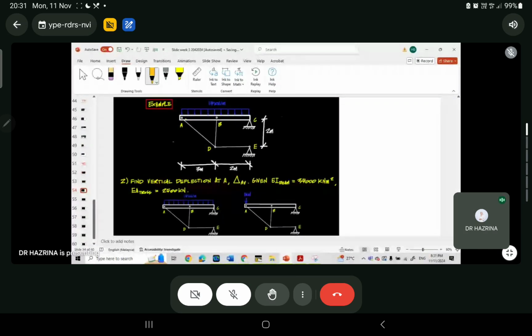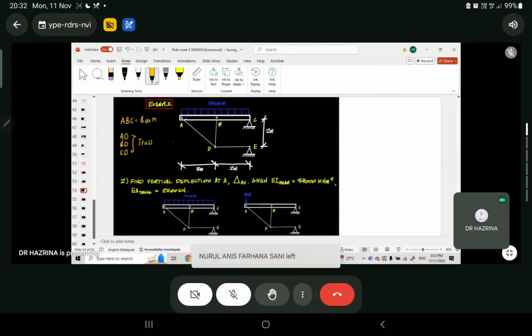So, alright. So for this one, okay, apa yang kita nampak dekat sini? You nampak dekat sini. Okay, so this one, A, B, C adalah you punya beam. Manakala you ada truss structures which is AD, BD, ED. So all this is your truss systems. Okay.